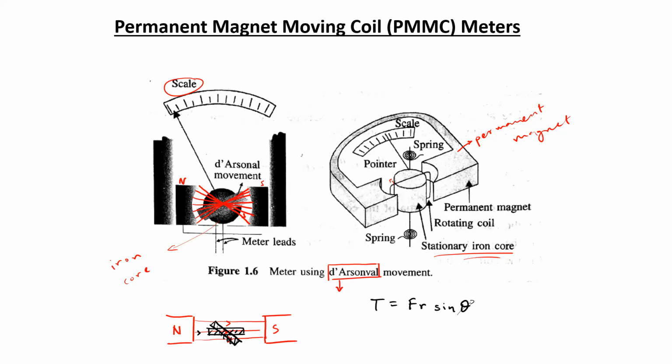instead of making the entire frame using iron core, the frame is made of aluminum. And if the entire frame is attached with the iron core, then what will happen when the coil arrangement is moving? The iron core will also move along with it. So the iron core is kept static, and around the iron core, the frame is not completely attached with it.